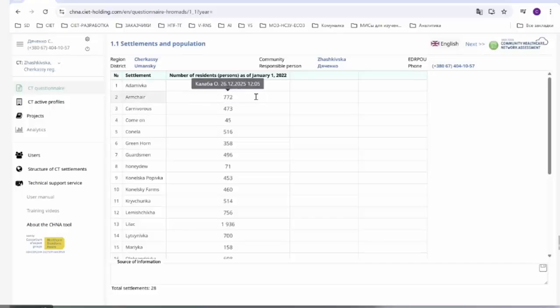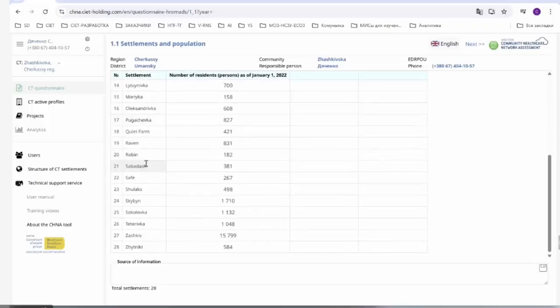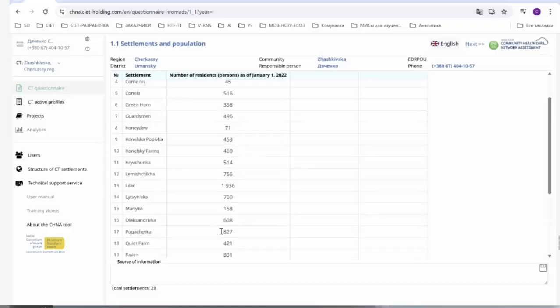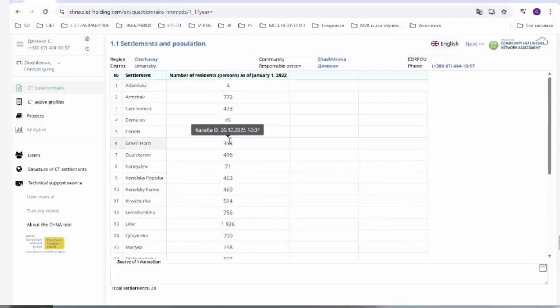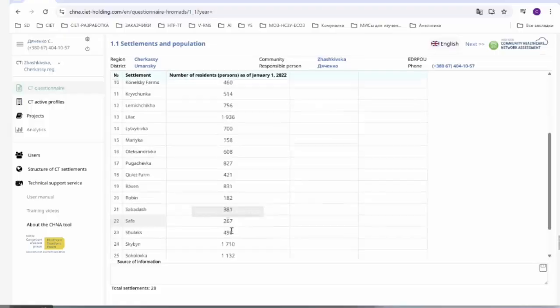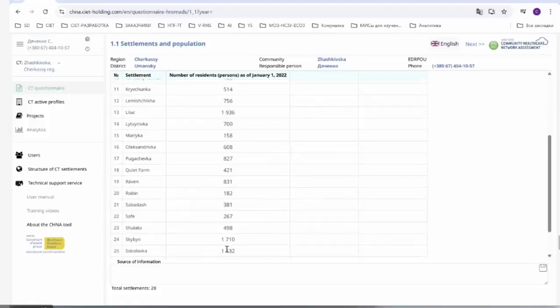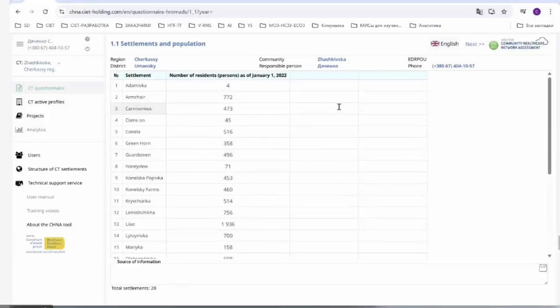All communities, when they receive this tool, see the initial data dated 2022, including all settlements and the number of people who lived there in 2022, and completion of the next columns.